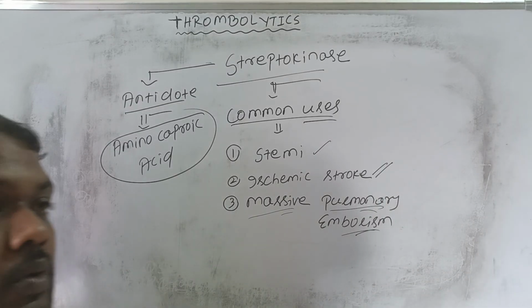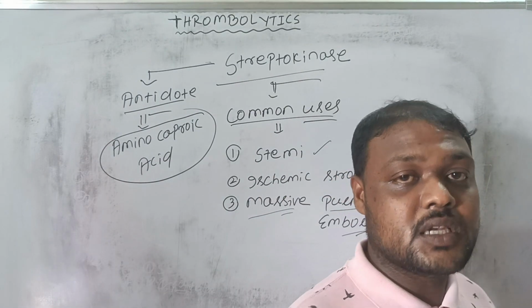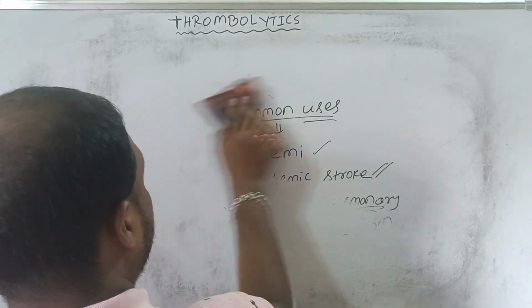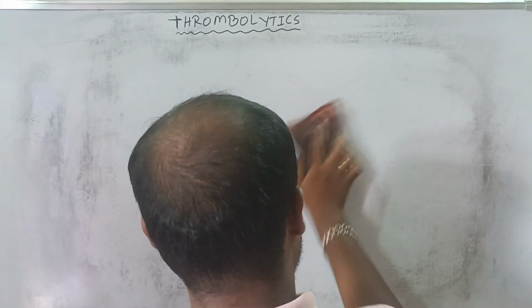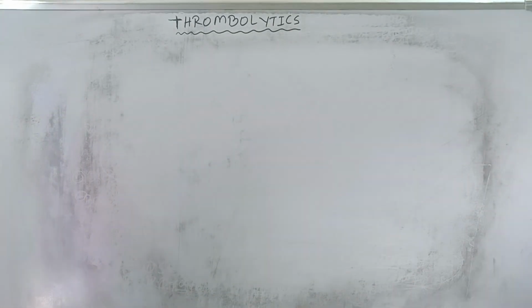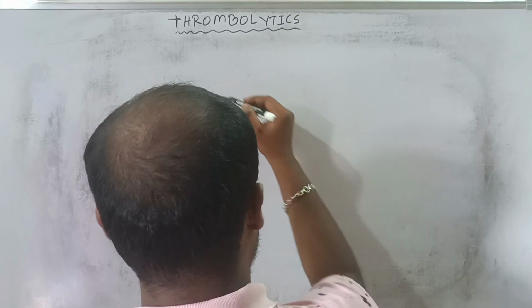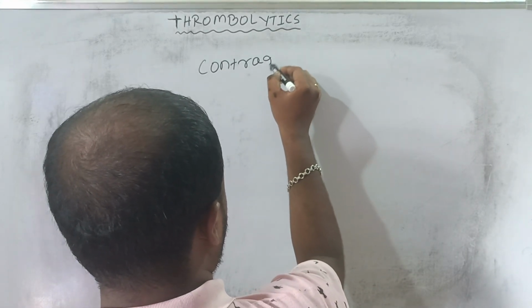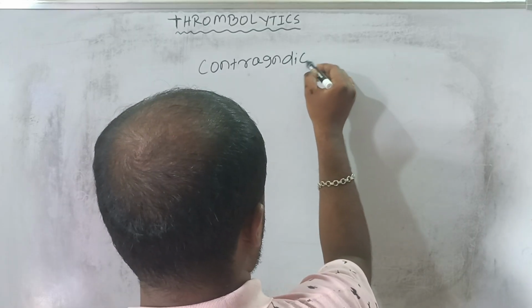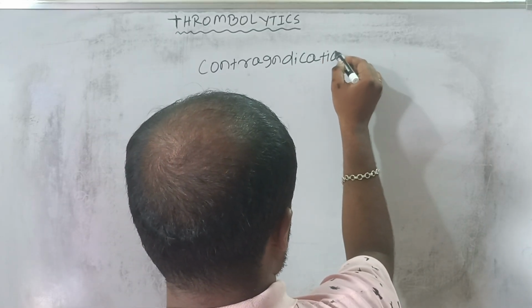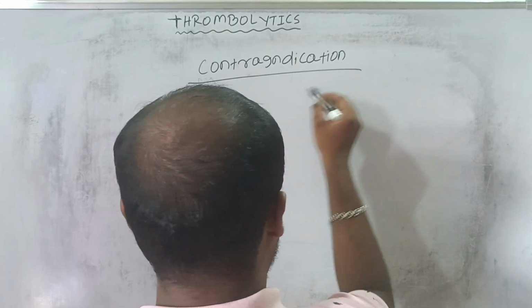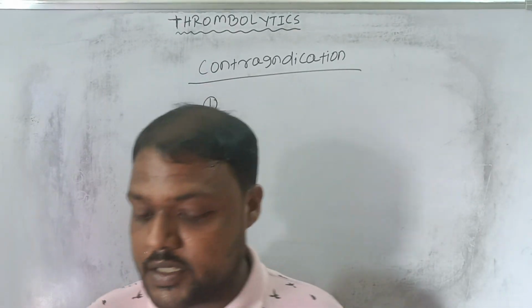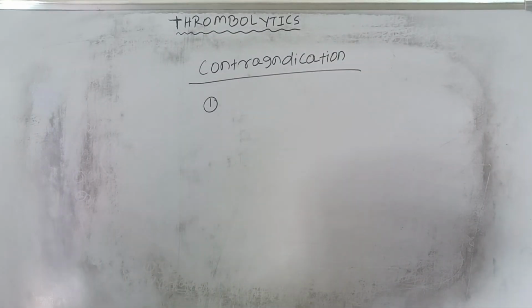Then we move to the contraindications of thrombolytics. First one is brain tumor.